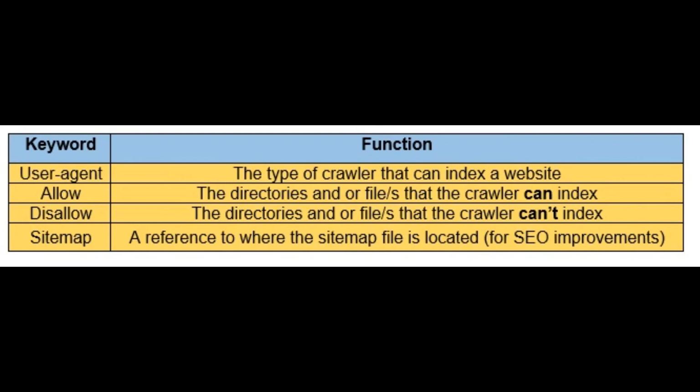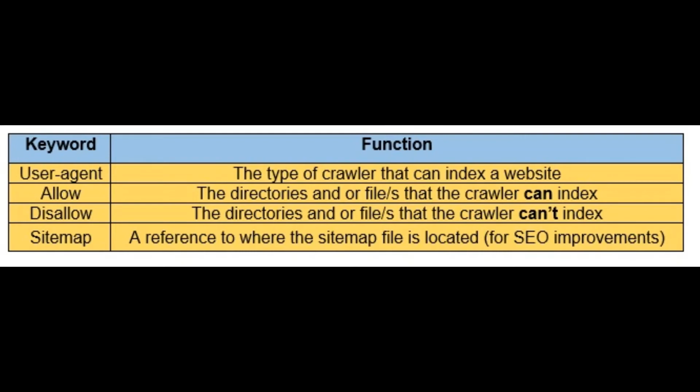Robots.txt consists of a few keywords. First keyword is user agent. This keyword specifies the type of crawler that can index your site. An asterisk allows all user agents, which means it will allow all browsers. Second keyword is allow. This keyword specifies the directory or file that the crawler can index.